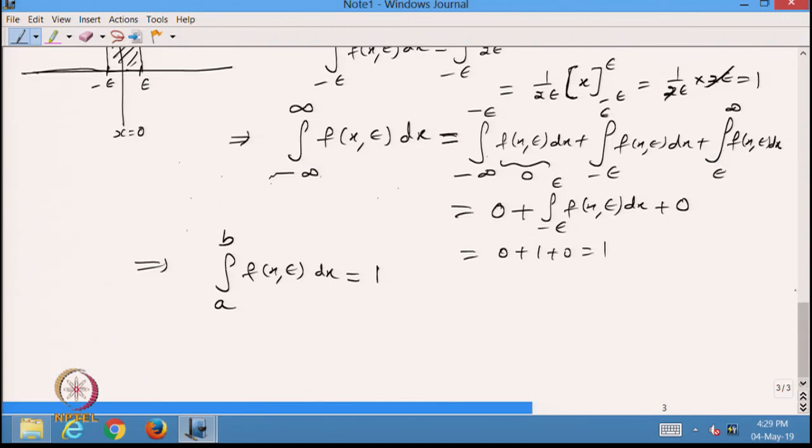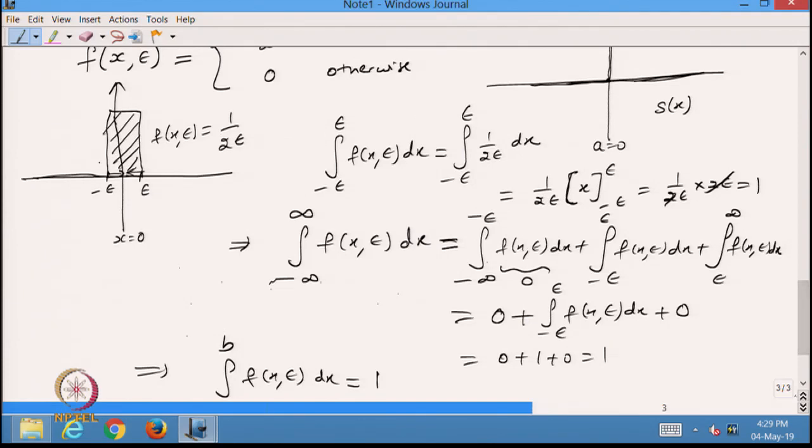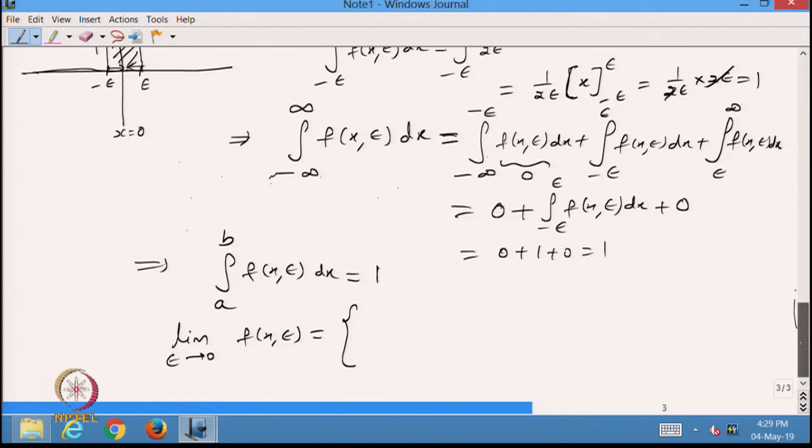Now if I take the limit epsilon tends to 0 of f of x epsilon, then the width is going to decrease and become 0, and the height of the function is going to increase and become infinity.